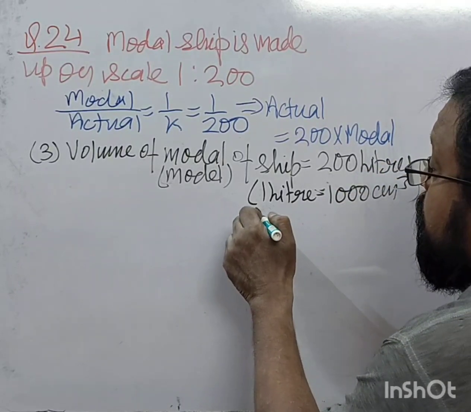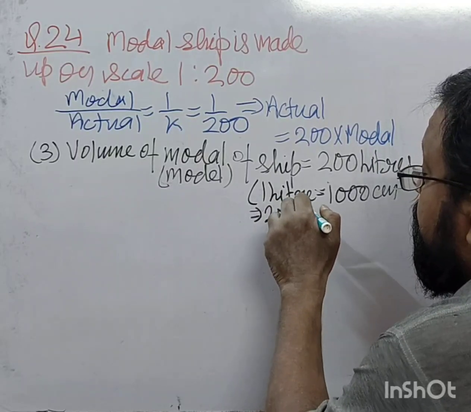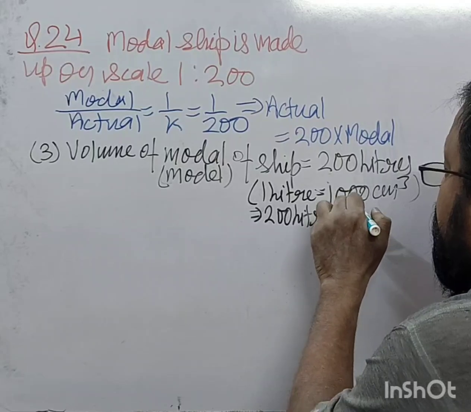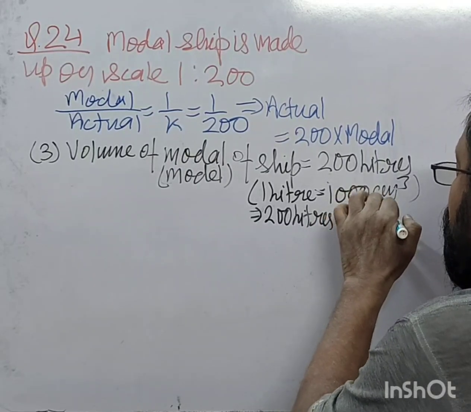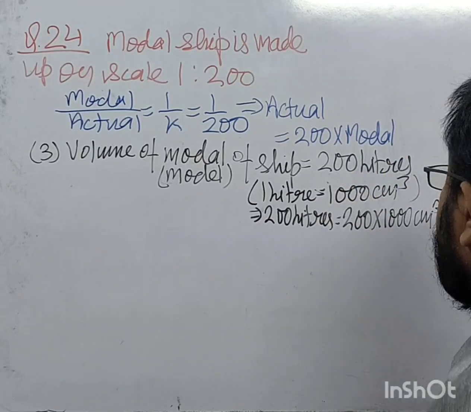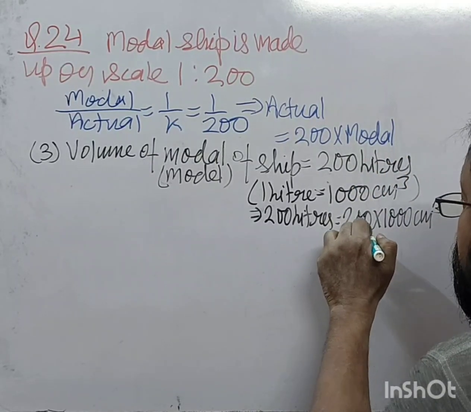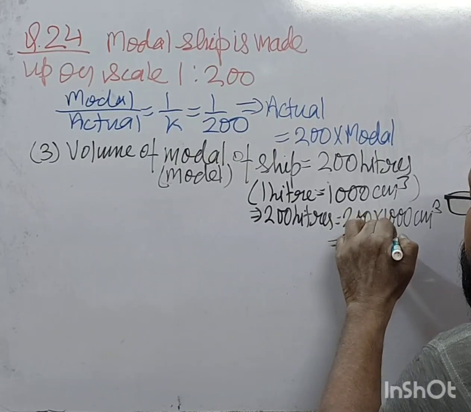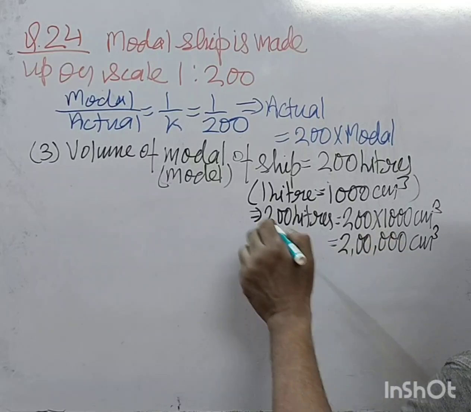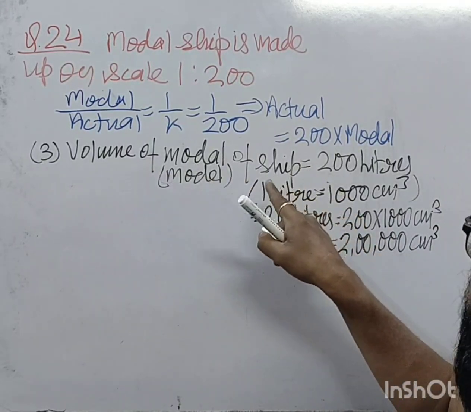So 200 liters is equal to 200 into 1000 centimeter cube. So it becomes 2 lakh centimeter cube, right? This is the volume of model.